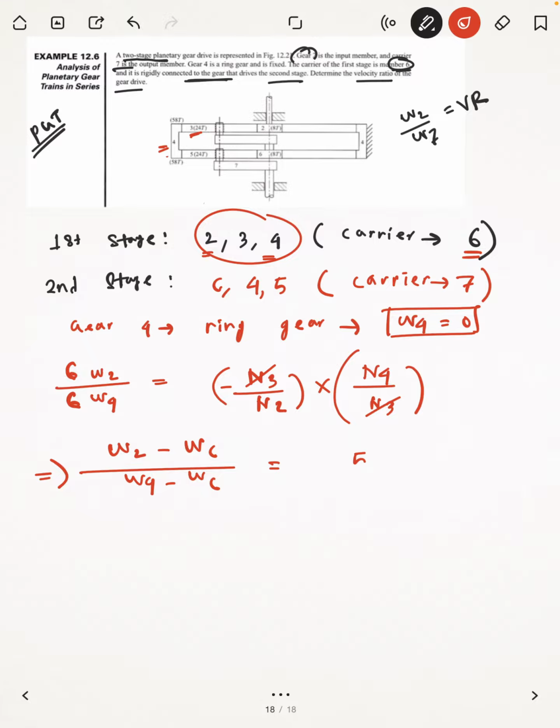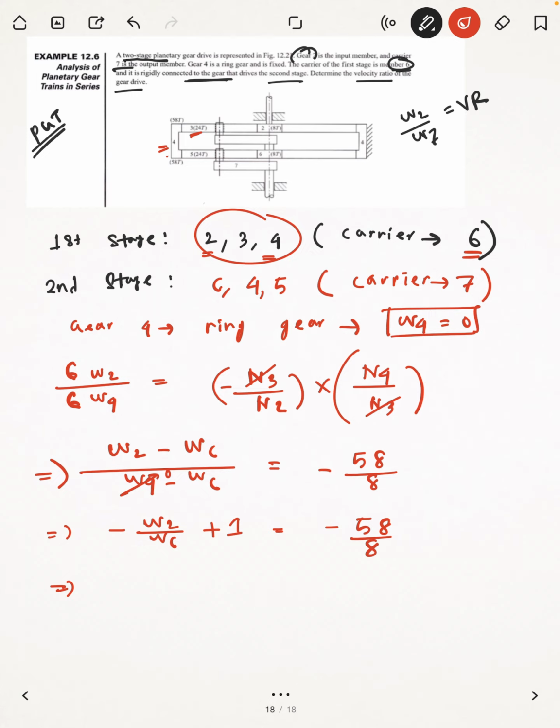what is N4? N4 is 58, and N2 is 8, and there should be a negative sign. Now what we know is that omega 4 is 0. So if I write this in terms of omega 2 by omega 6, minus omega 2 by omega 6 plus 1 is equal to minus 58 by 8.